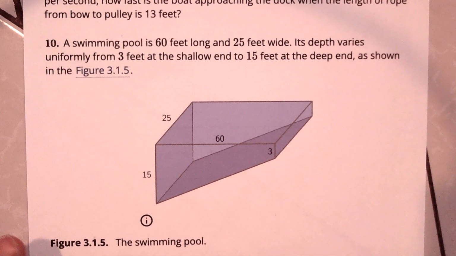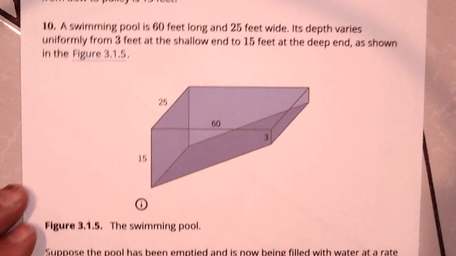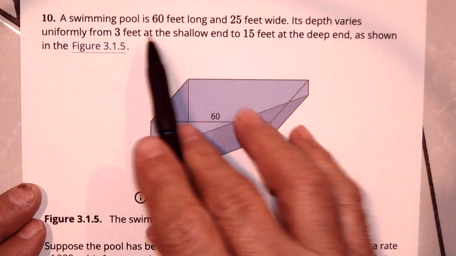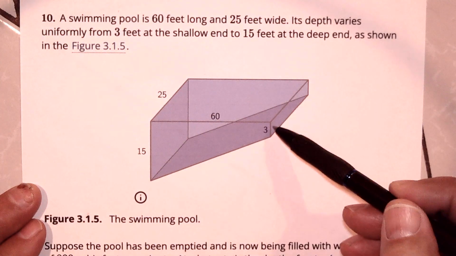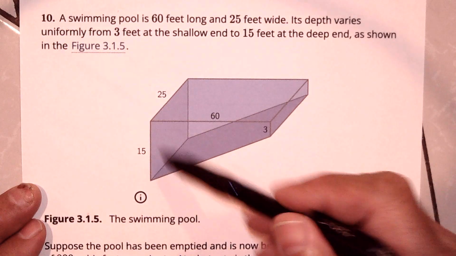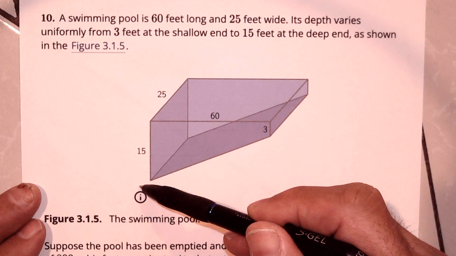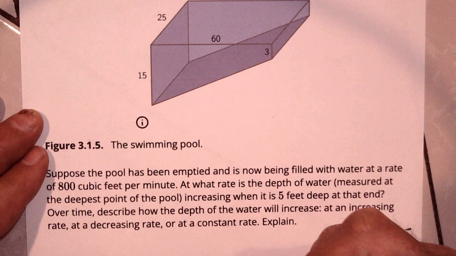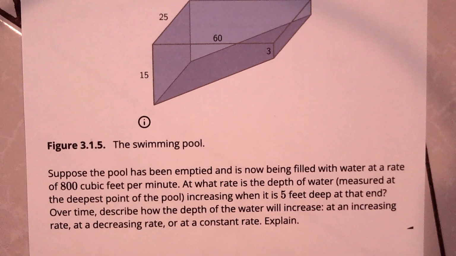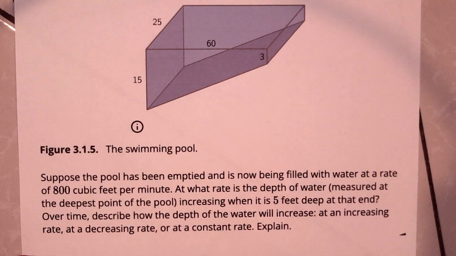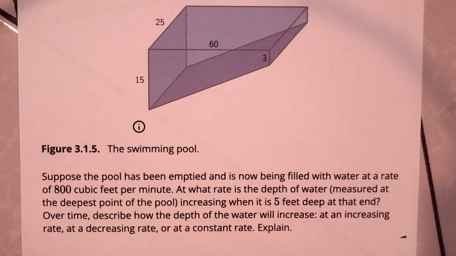Okay, so we have the swimming pool: 60 feet by 25 feet, with depth varying uniformly from 3 feet to 15 feet. Suppose the pool has been emptied and is now being filled with water at a rate of 800 cubic feet per minute.